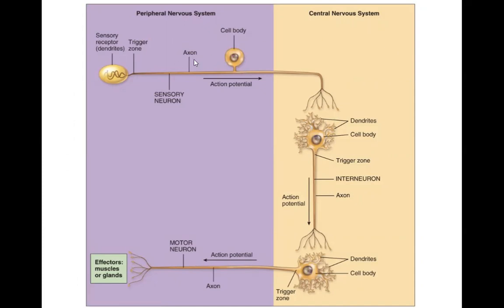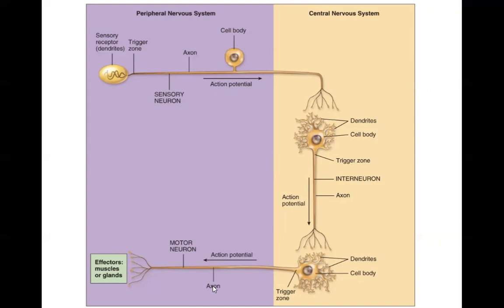Here's one of those unipolar neurons. Maybe this sensation is itch, maybe it's tickle, whatever, doesn't matter. It's carrying the signal into the CNS. Notice which direction the action potential is pointing. Now, if this was smell or vision, it would not be a unipolar neuron, it would be a bipolar neuron.